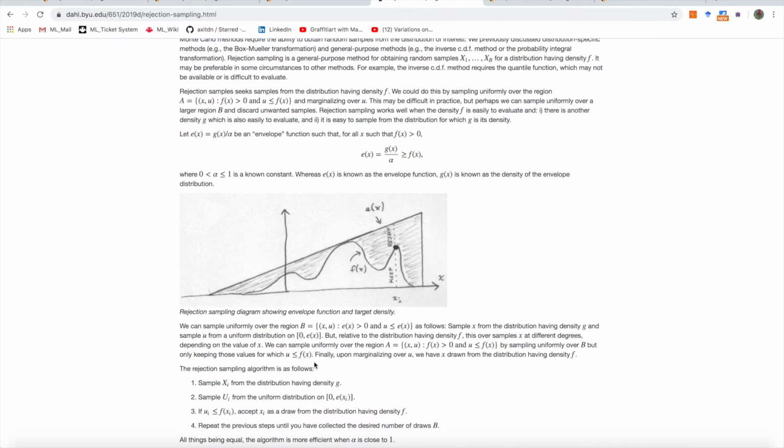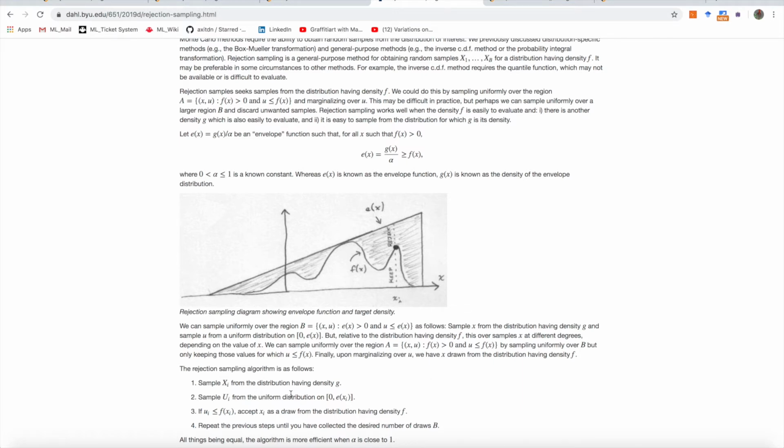We can sample uniformly over the region A, which is (x,u) with f(x) greater than u, by sampling uniformly over B, and only keeping those values for which u is smaller than f(x). Finally, upon marginalizing over u, we have x drawn from the distribution having density f. So that's where we basically rescale our distribution.